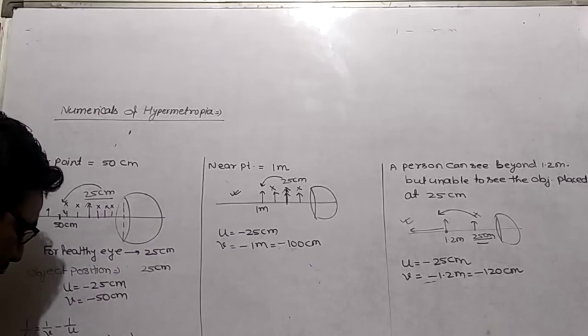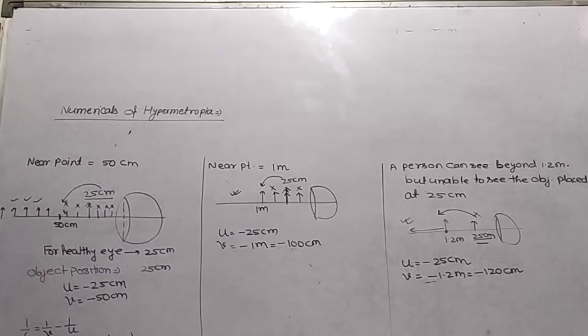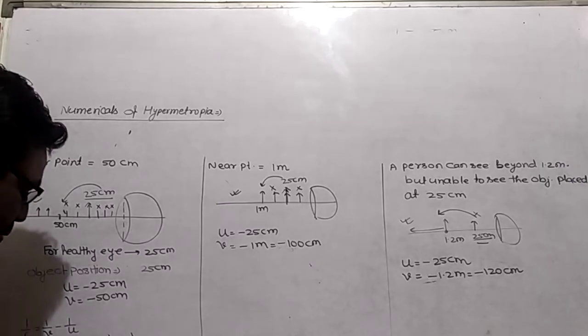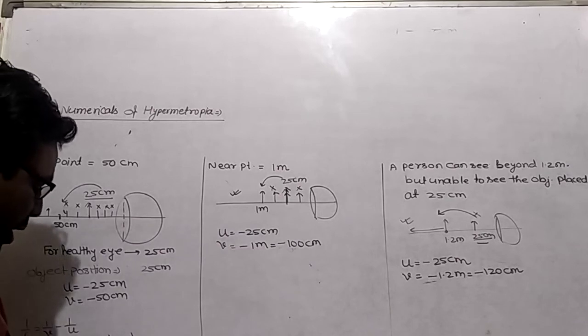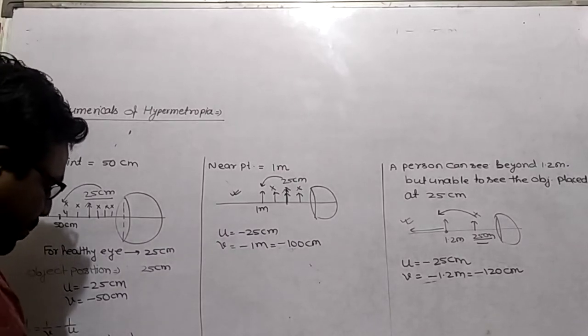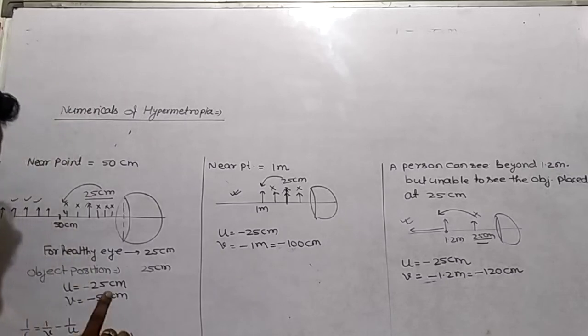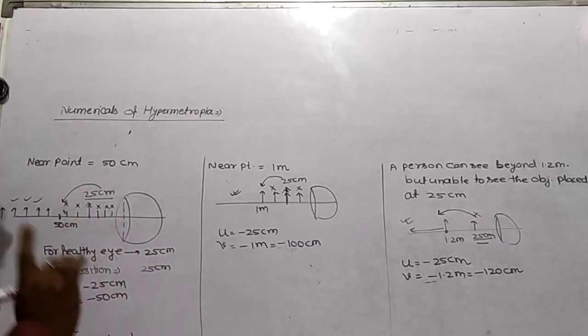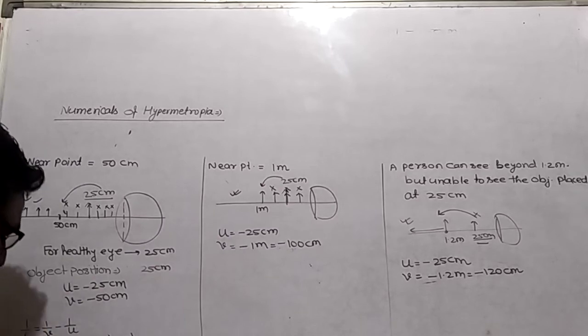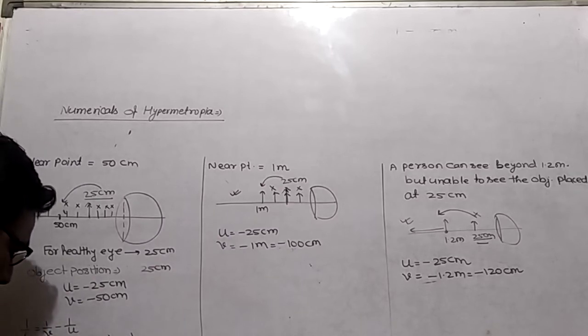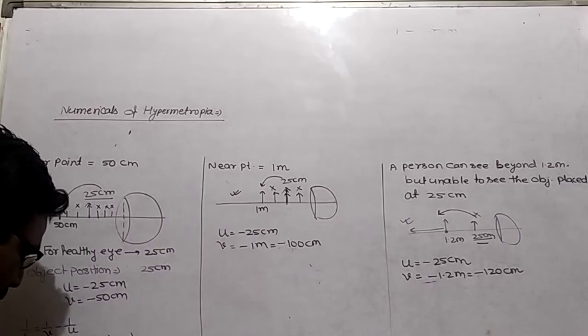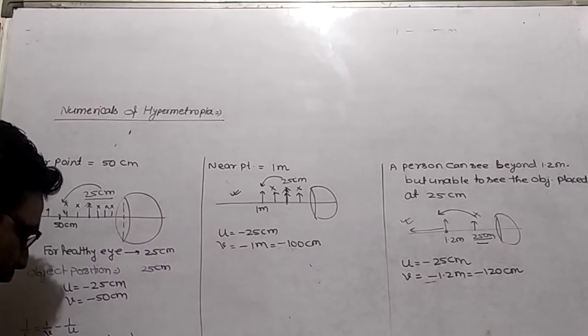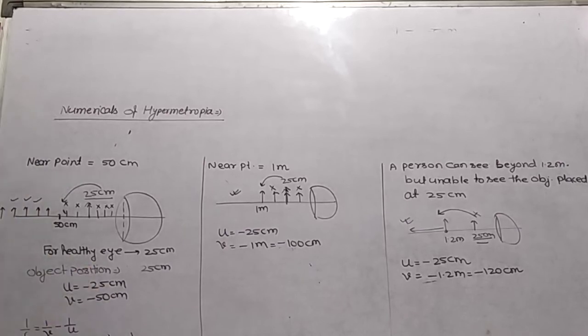Plus indicates the lens is convex. Now power P is equal to 1 upon f, beta. 1 upon plus 50. But again, you know, for calculating power, focal length must be in meter. So just convert into meter: 50 by 100 meter. So 1 upon 50 by 100, that is plus 100 by 50, and it is plus 2 diopter. What does plus indicate? Plus indicates the lens is convex.